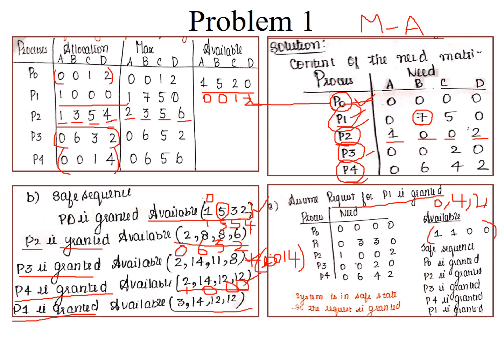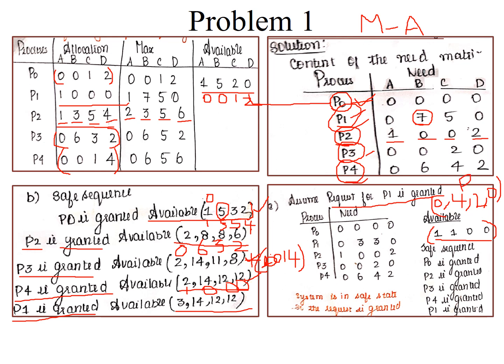To check whether we can grant it or not, as if we are providing it, we have to update the values and check whether the system is safe. If the system is safe, we can grant it. So 0 4 2 0 is the request made by P1. When we take 0 4 2 0 from 1 5 2 0, the availability is 1 1 0 0.